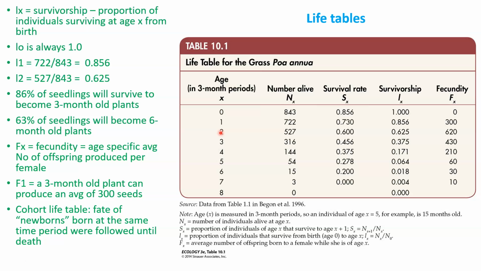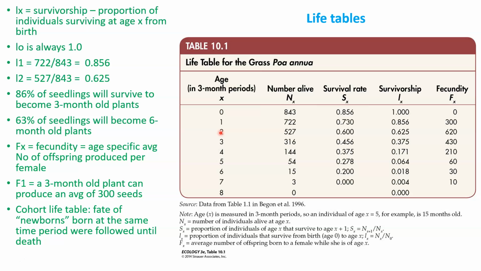As you can see, what happens to the survivorship as the population ages? Well, clearly it declines as expected, right? That's generally what you would see. And the number alive also declines as the population ages. What happens to the fecundity?